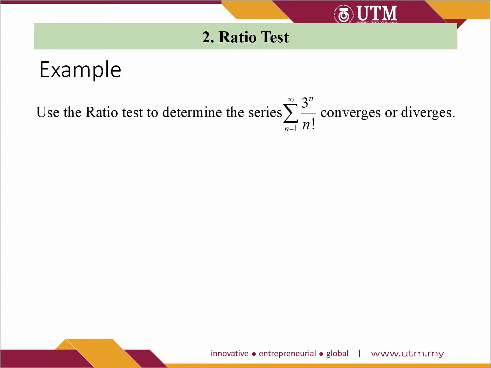Okay, now I'm going to show you the last example using the ratio test. Here we have our function, 3 to the power of n over n factorial. So now determine what is a_n, and a_(n+1) is equal to this.